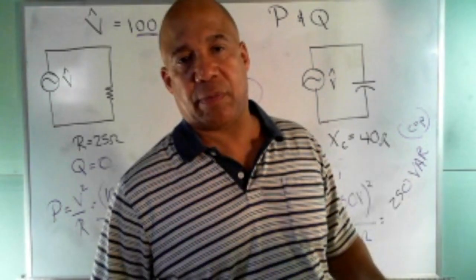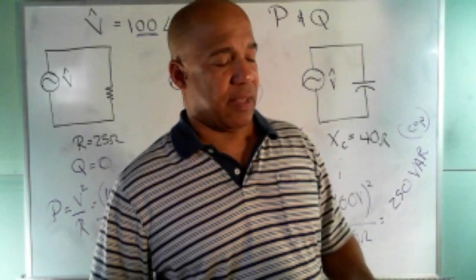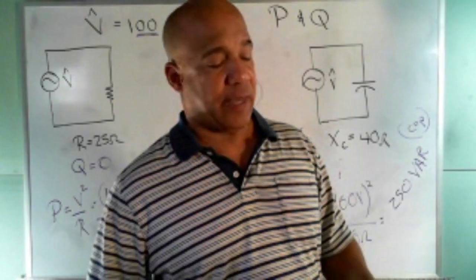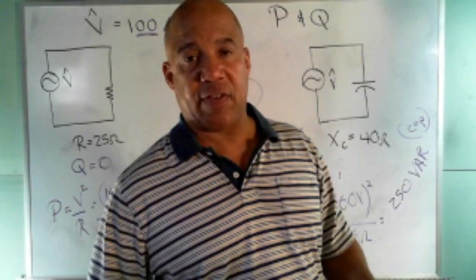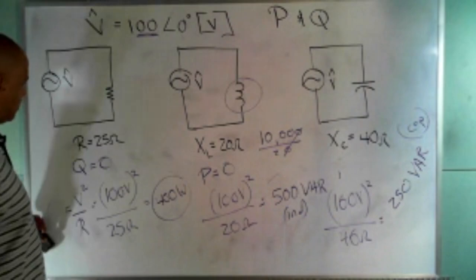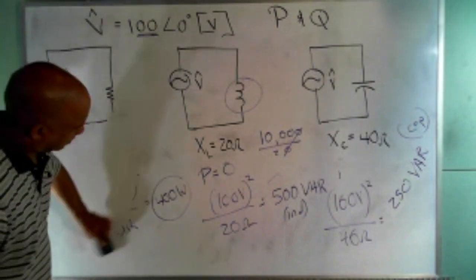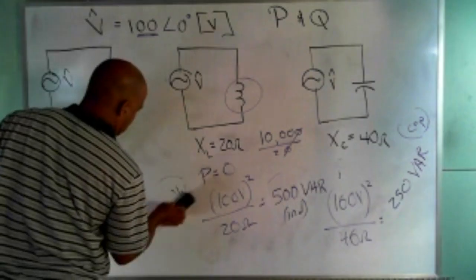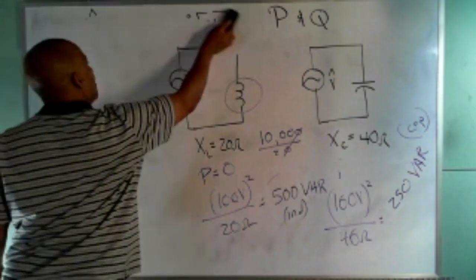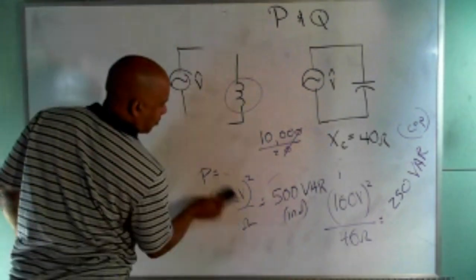For that second circuit, give me P, give me Q, and give me S, given XL, given R, and given the current. Give me all three power quantities.